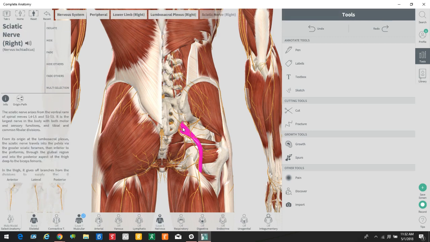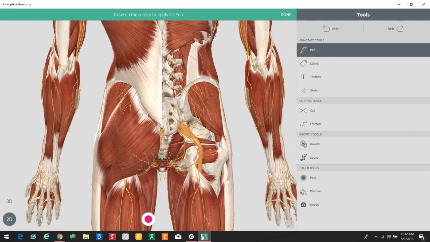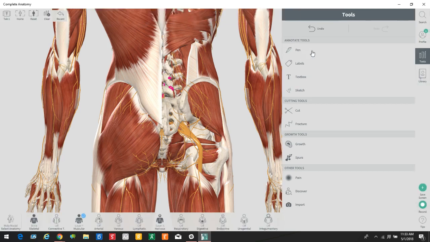So let's hide that and talk about this thing right here. That big fat nerve is your sciatic nerve. It controls most of the functions down into your leg. And it originates, I'm going to grab my pen again, from the spinal cord up in this area right here. Here's your spinal cord coming right in the middle. It originates up there, and all of these nerves come down and make the sciatic nerve.